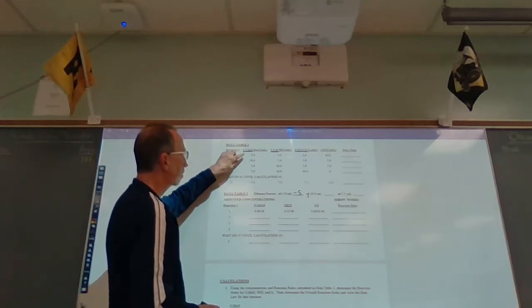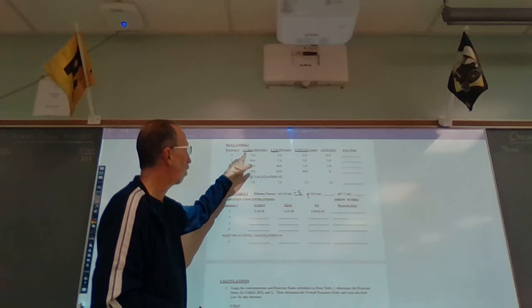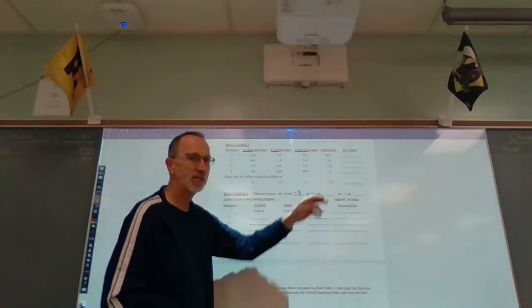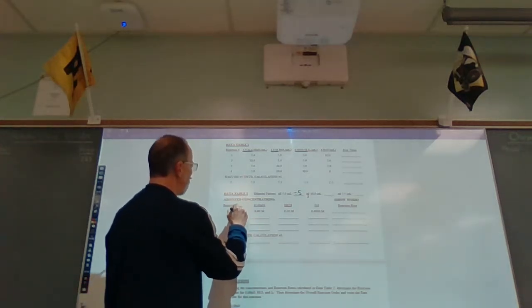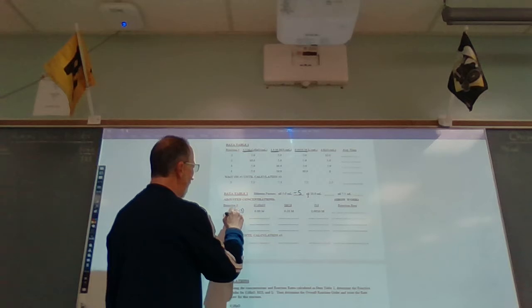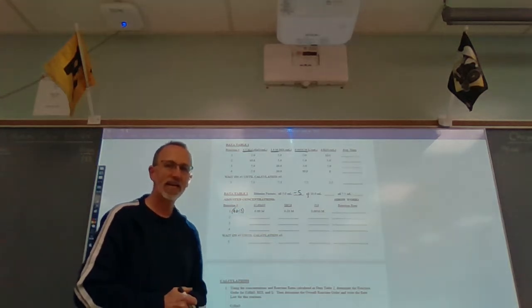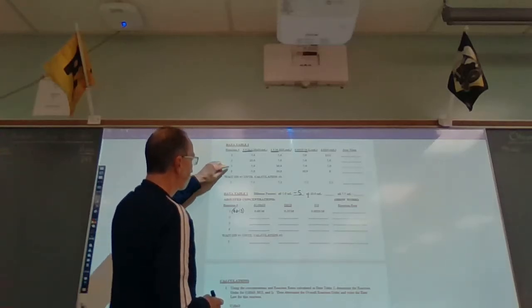So our actual concentration of acetone was 4 molar. But that was with 5 mLs. When we diluted it to 25, if you take 4.0 molar and divide that by 5, you get a diluted concentration of 0.80 molar for that acetone.